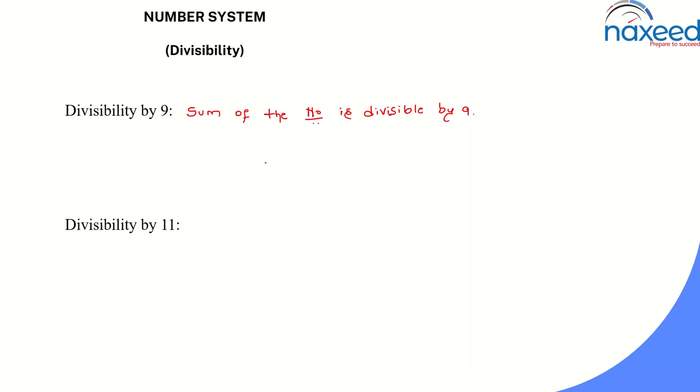Take an example here, for example, 6760215. Take random numbers and check it. Sum of the digits: 6 plus 7, 13, 13 plus 6, 19, 19 plus 2, 21, 21 plus 1, 22, 22 plus 5, 27. Is 27 divisible by 9? Yes, it is 3 times. So the whole number is divisible by 9 also. In this way, we can easily cross verify whether the number is divisible by 9 or not.